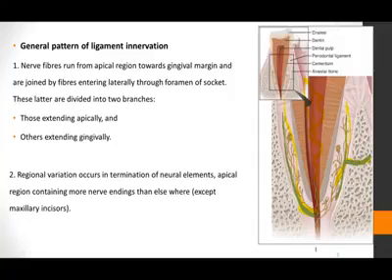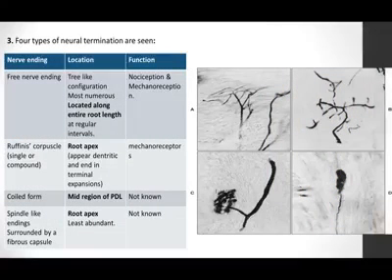So when these nerve fibers extend from the apical region going into the gingival direction, during this course that they follow, they could terminate in various regions, and the terminations that occur from these nerves are more dense in the apical region of the periodontal ligament. So these are the regional termination variations that could occur within the nerves of the periodontal ligament.